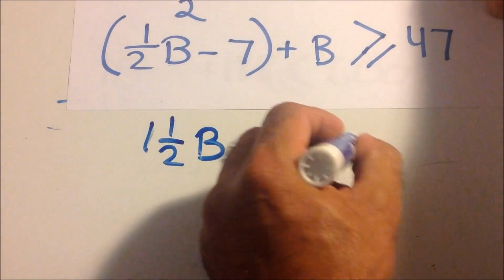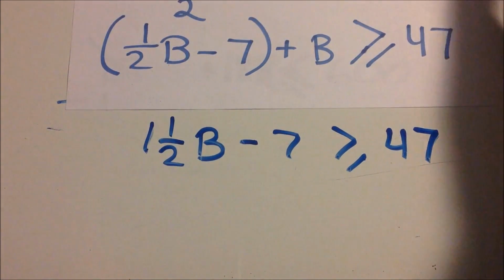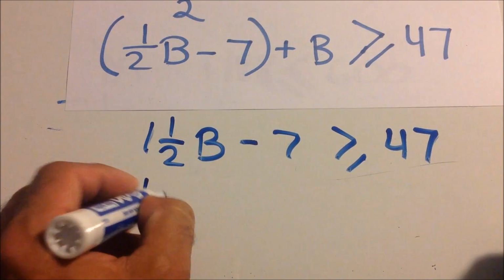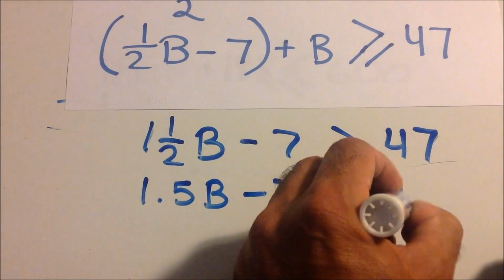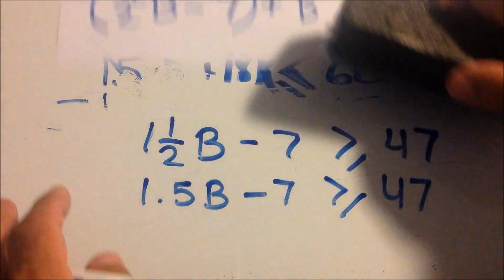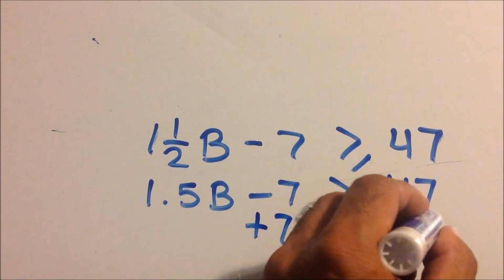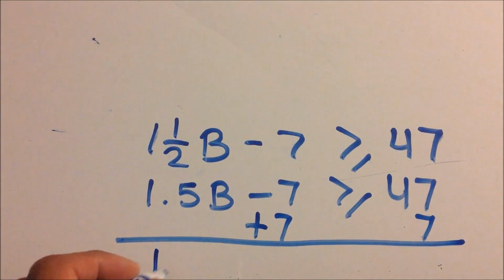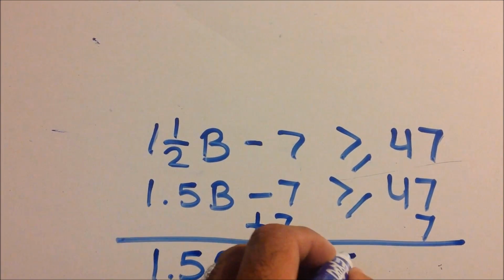Minus 7 is greater or equal to 47. Now you can use 1.5b if you want, whatever's easier for you. Now I'm going to add the 7 on both sides. Now we have 1.5b is greater or equal to 54.